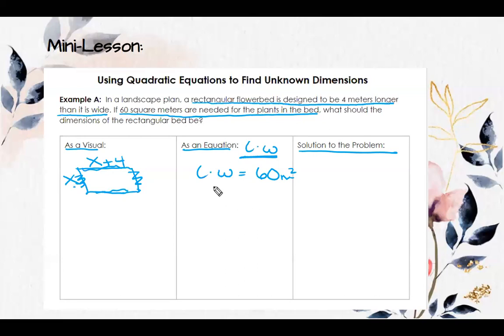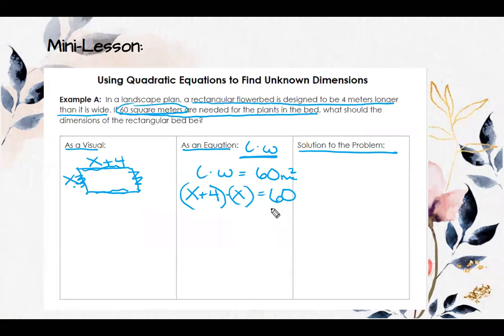So the length is X plus 4. Oh, that's just the units, meters squared. That's how you know that this is the area, square meters. And we said that the width was X. And then all of this equals 60. Is that true? This times this equals 60?